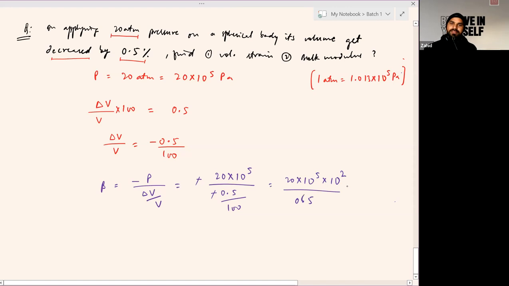Remove this decimal, then there will be 10; 2 or 5 in 2 times will be 10. So 2 into 20 will be 40, or we may write it as 4 into 10 to the power 5 plus 2, 7 ... 4 into 10 to the power 8 Newton per meter square. And since this will be normal to that particular surface, we may write it as 4 into 10 to the power 8 Pascal.